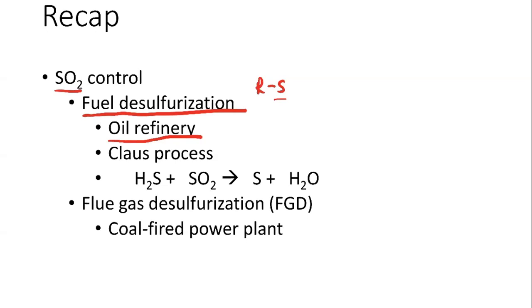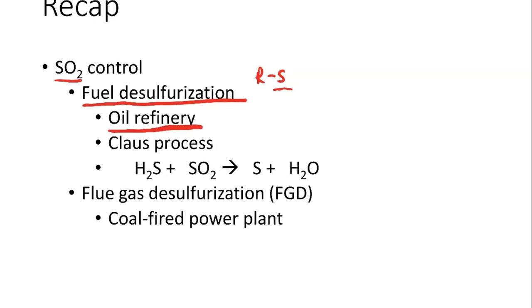Let's say we go to the gas station and get some gasoline there, and then we decide to turn on our car in our garage. If they did not treat the sulfur in the gasoline, then it's highly toxic, right? The customer might directly sue the gasoline company. That's why the oil refinery will tend to deal with this problem before they distribute the product, right? So that's typically conducted in the oil refinery.